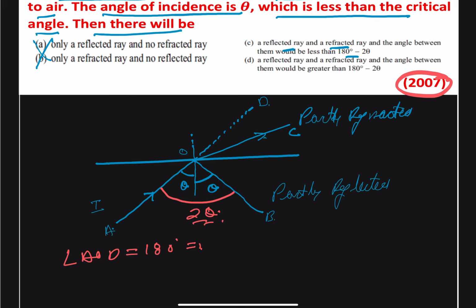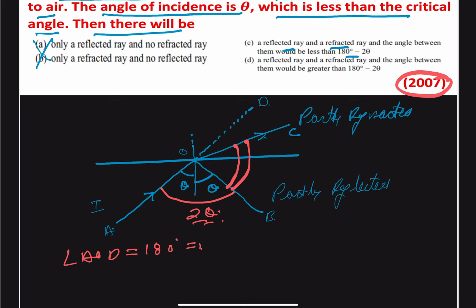We have to find the angle between the reflected and refracted rays. We have to find out this angle, and it is with respect to 180.